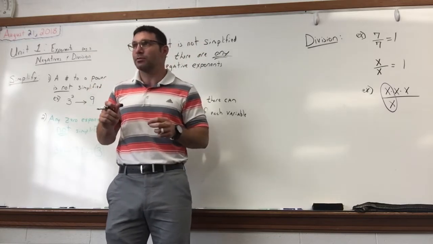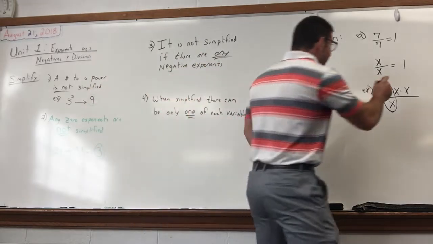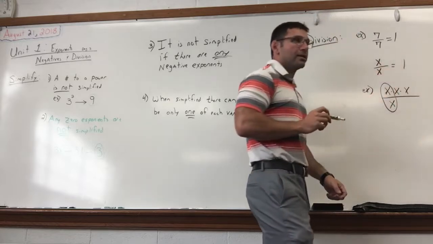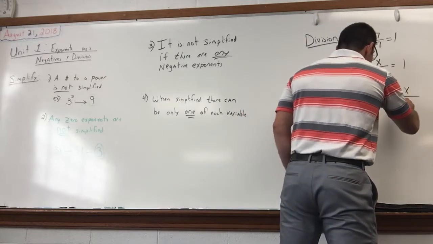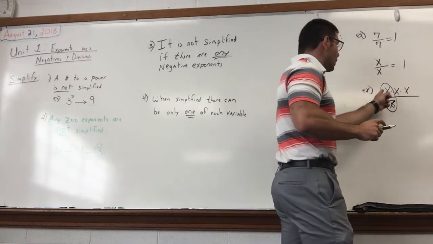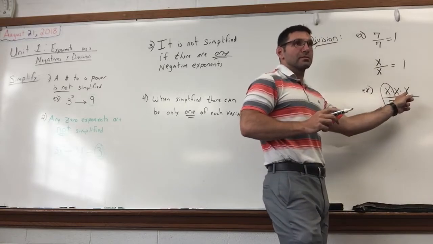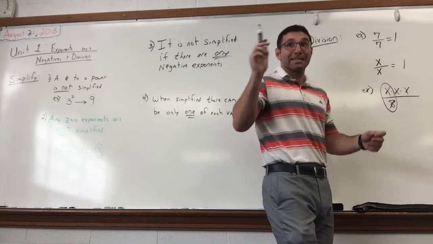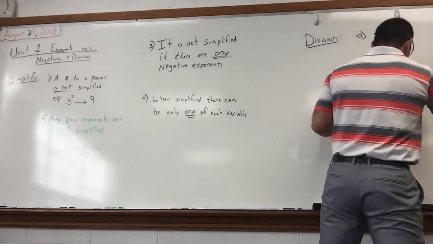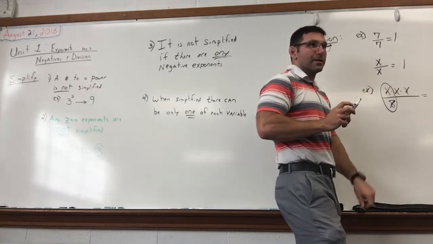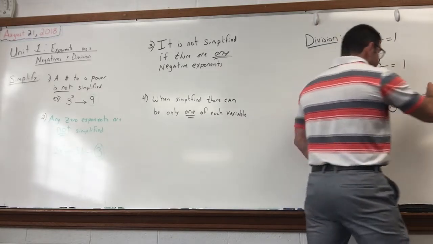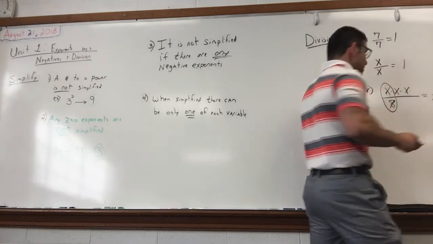Well, they don't cancel. What happens? X divided by x becomes 1. So this x divided by this x is really 1. What's 1 times x? X. What's x times x? Now we can make it into exponent form. What are we left over with? X to the second.